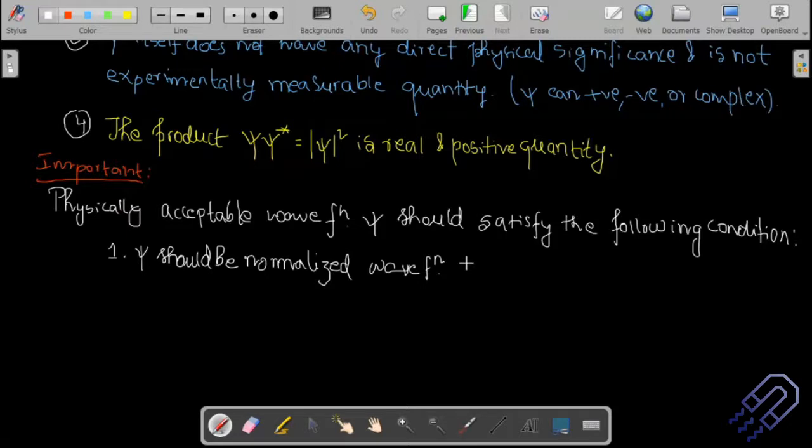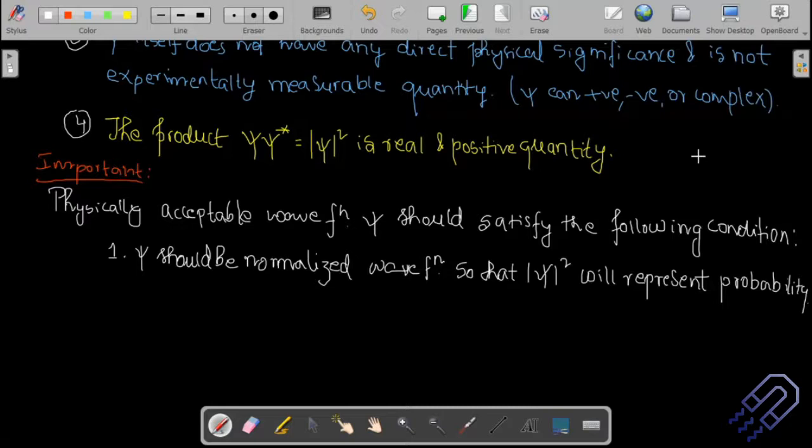so that psi square will represent probability. So what happens is probability, as we all know, will vary between 0 and 1, right?